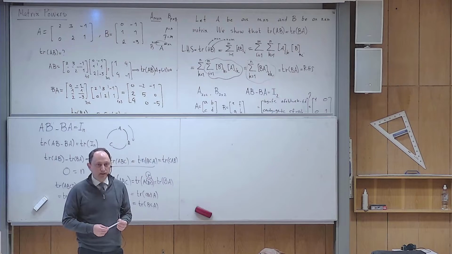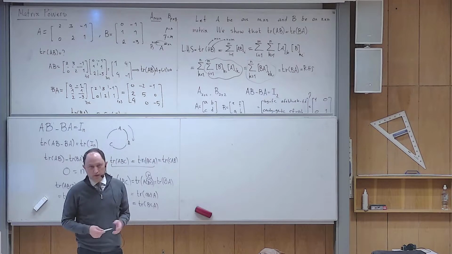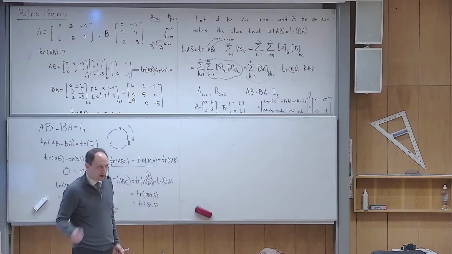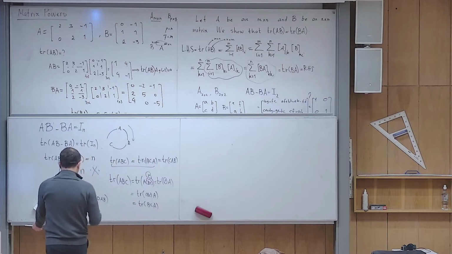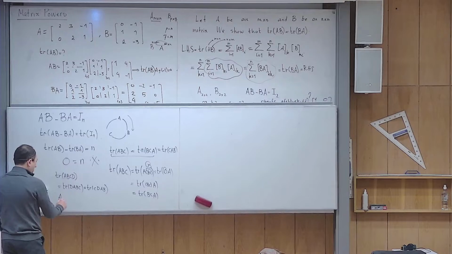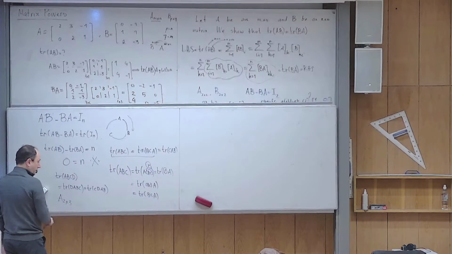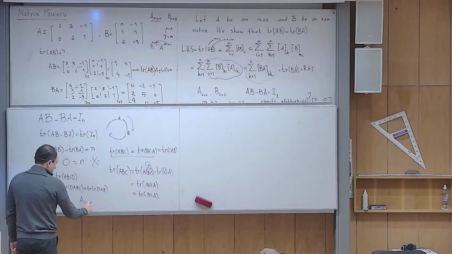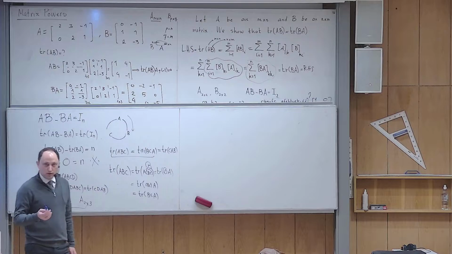Isn't it only possible with square matrices? With the square matrices. So this is extremely important. If I have a rectangular matrix, I cannot raise it to a power, multiply it by itself. For example, if I have A 2 by 3, which is a rectangular matrix, if I want to multiply it by itself, it is not possible because these numbers are not the same. So that is one thing that you need to know.